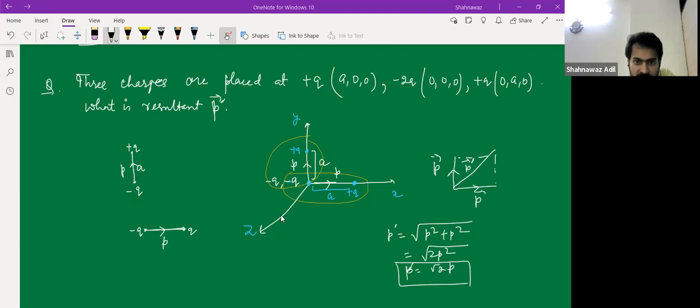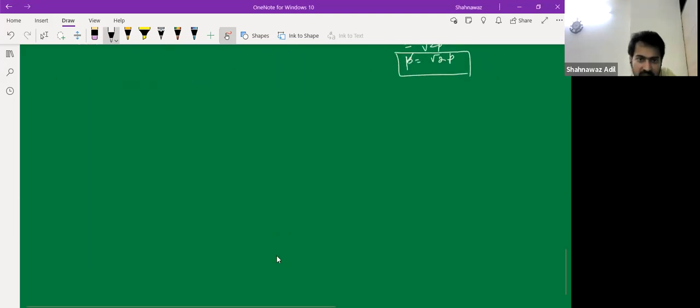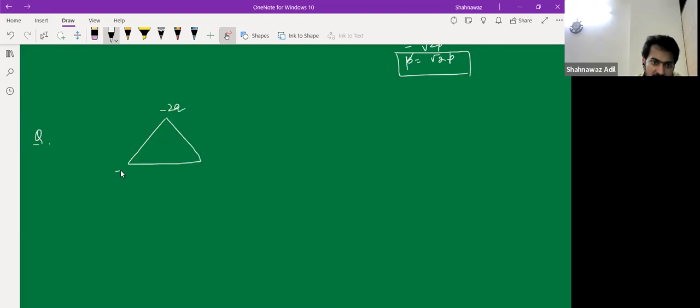Okay, so let us do one more problem, which is exactly like this. We have an equilateral triangle, and a minus 2q charge is placed here, and a plus q charge and a plus q charge are placed here. So what is the magnitude of the resultant dipole moment?